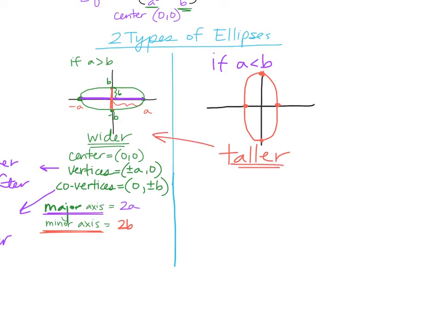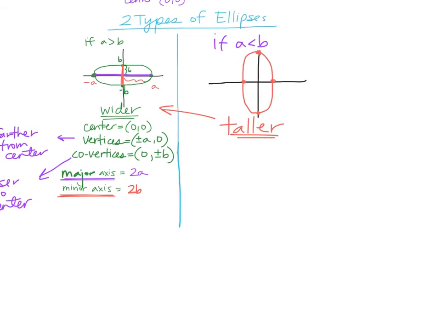So if we're looking at this, our center is still going to be 0, 0. And then we need vertices. Remember, the vertices are the ones that are farther from the center.